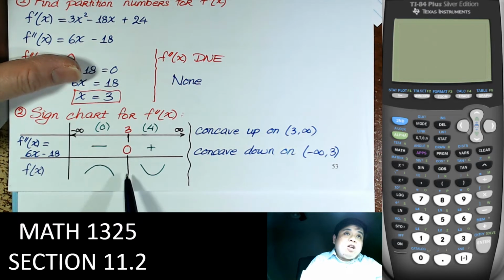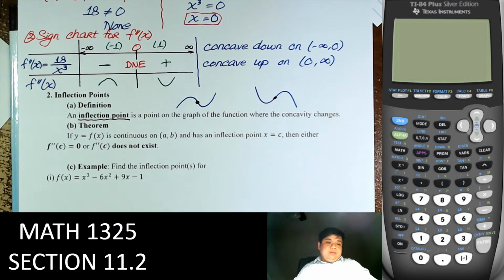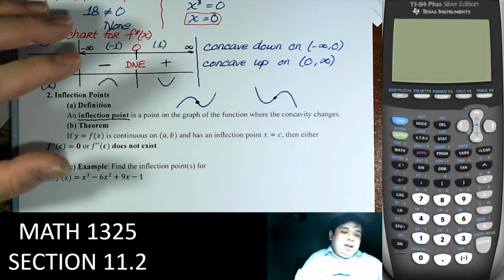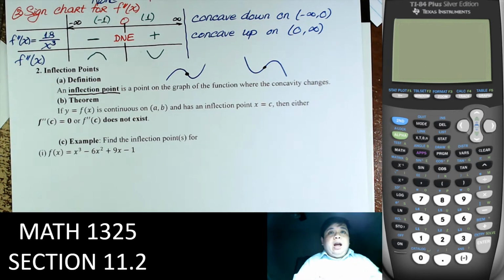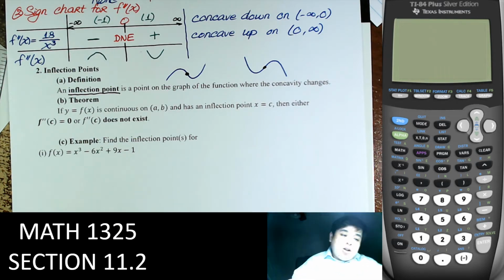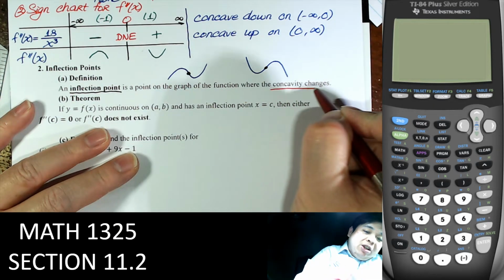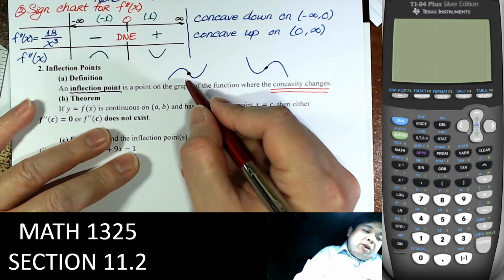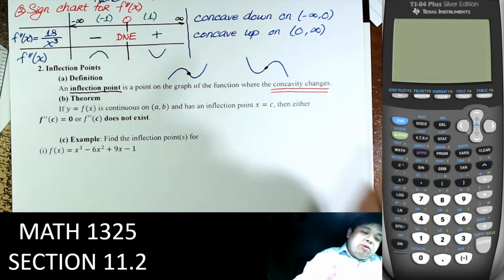So there is an inflection point at 3. The second derivative equals 0 or does not exist, but it has to change the concavity. By definition, an inflection point is where concavity changes from down to up or from up to down.